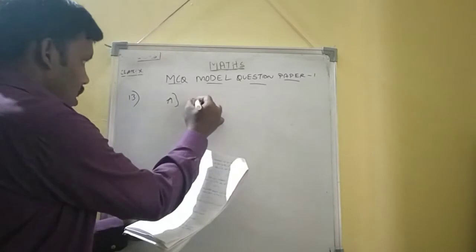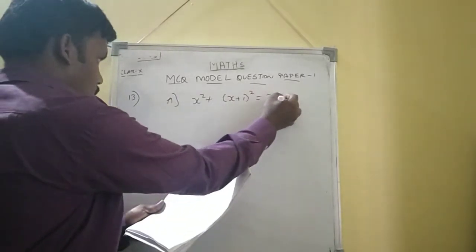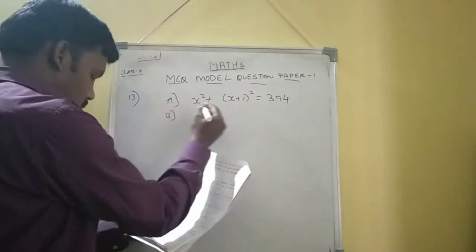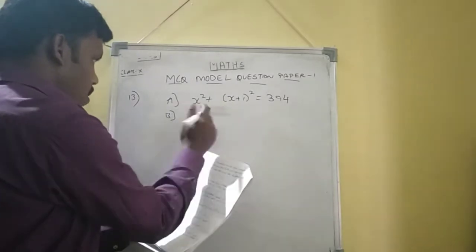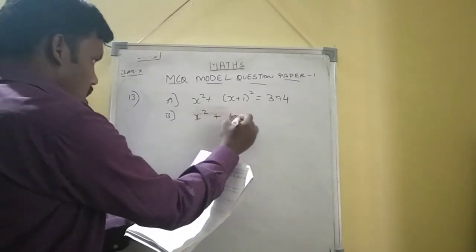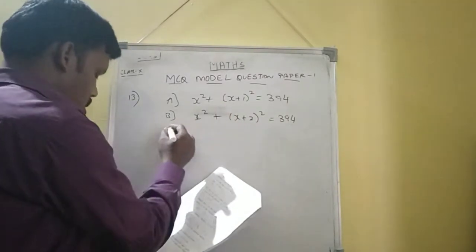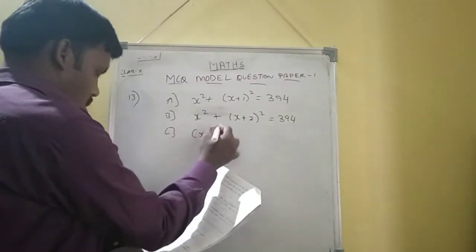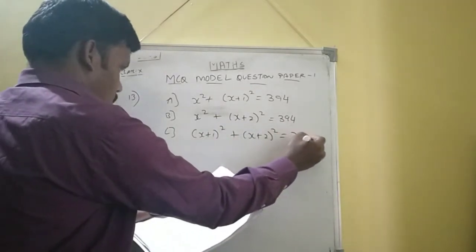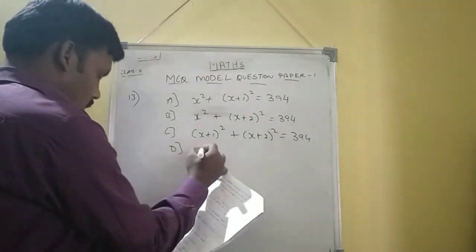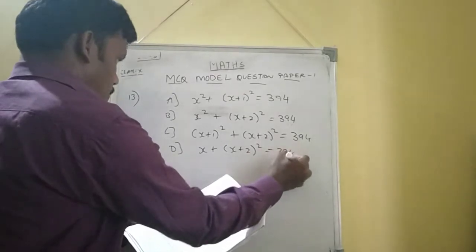Option A is x square plus x plus 1 whole square is equal to 394. Option B is x plus 1 whole square plus x plus 2 whole square is 394. Option C is x plus 1 whole square plus x plus 2 whole square is equal to 394. And D is x plus 2 whole square is 394.